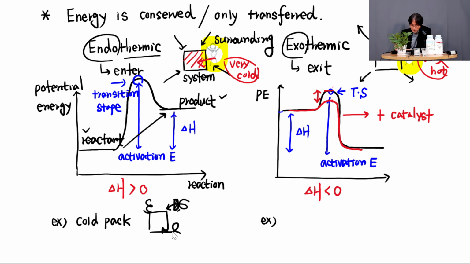The other one, if I take a look at the other side, is exothermic, this one, the hot pack. A hot pack looks like a pack with something inside that you don't know very well, and you just rub it. Something happens, and it can generate some heat, an emission of heat from the bag, right?